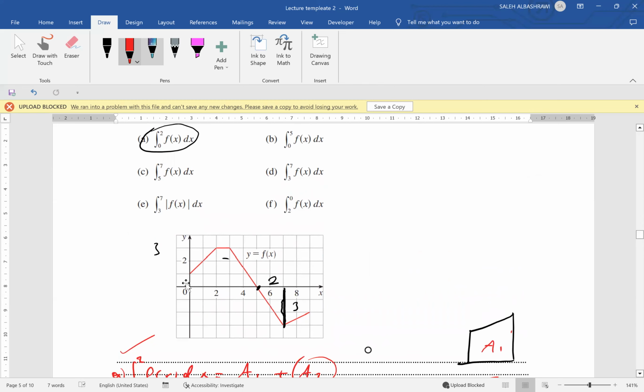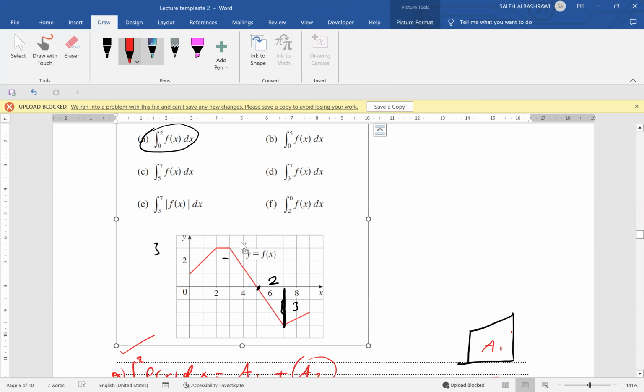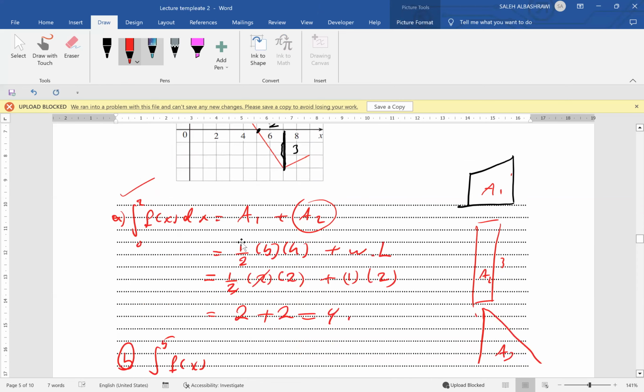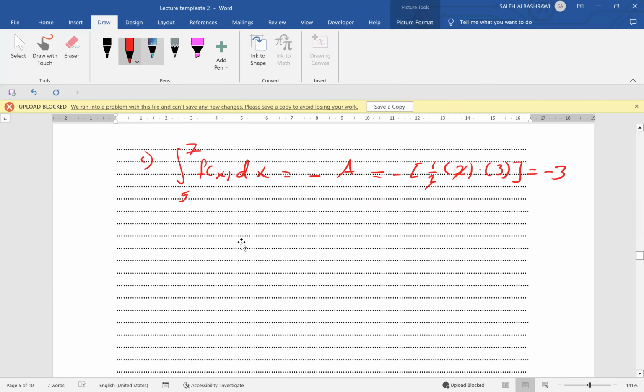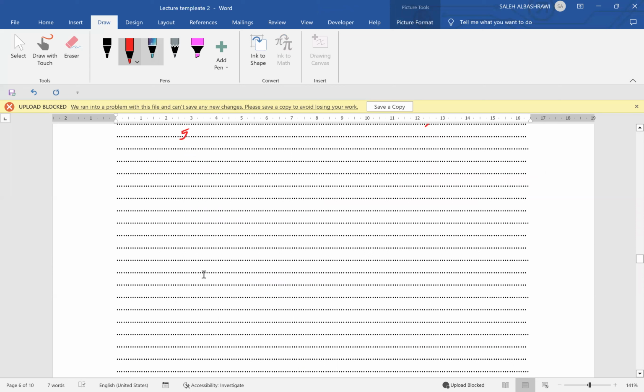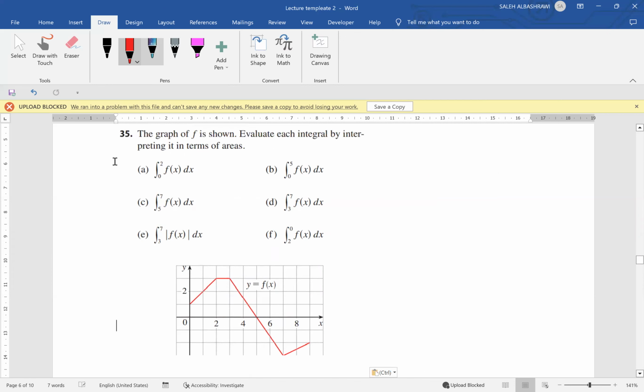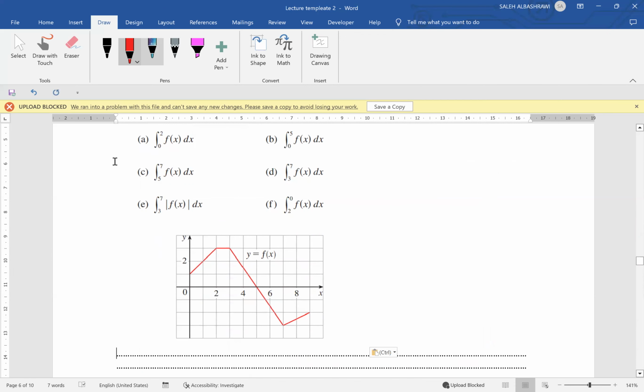For the next one, from 3 to 7. Just take this picture again. Now I need to solve D, which is from 3 to 7.